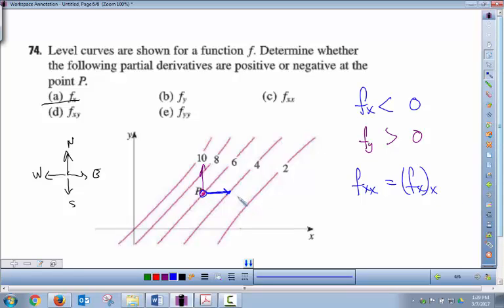But what is the rate of change as we keep moving in the x direction? The tricky part is you have to look at the distances between the level curves. If we go this way farther, we have a small change, and then we go to a larger change. So does it look like it's increasing?